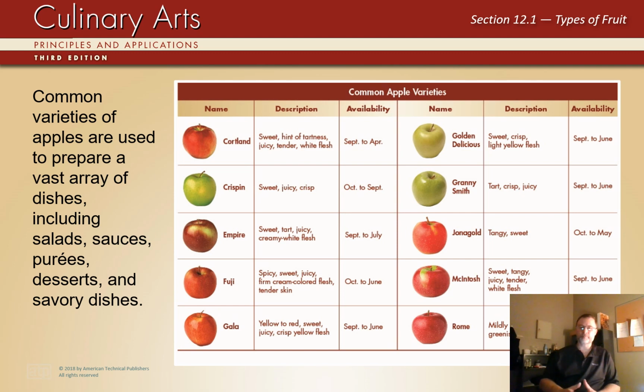So we have just a ton of different types of apples. Now there's a few that are used more popularly. You should know that if they are green or very tart, they work well in baking. And if they're redder and sweeter, they are good for eating.